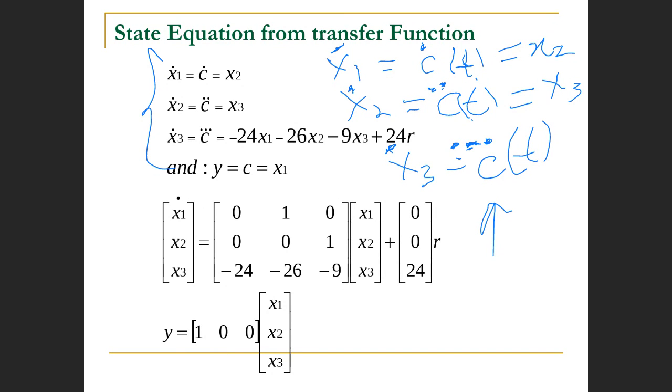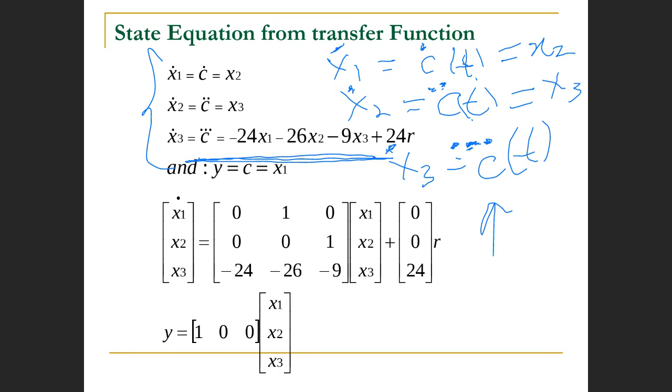Therefore, we need to write c triple dot of t in terms of state variables and input. How do we do that? We have to go back to the differential equation and make c triple dot of t the subject. And that's exactly what was done here.